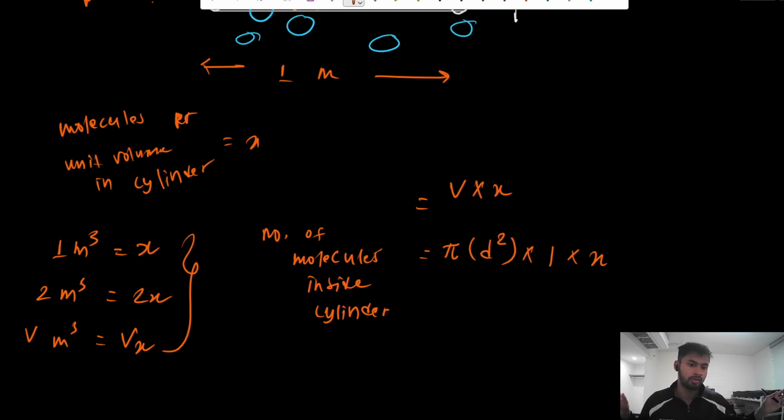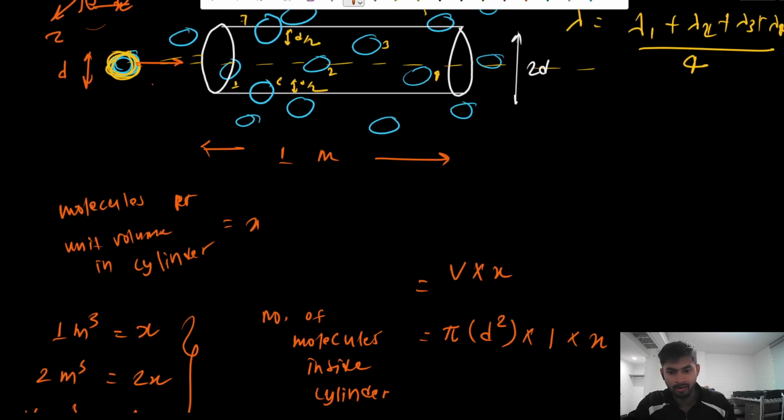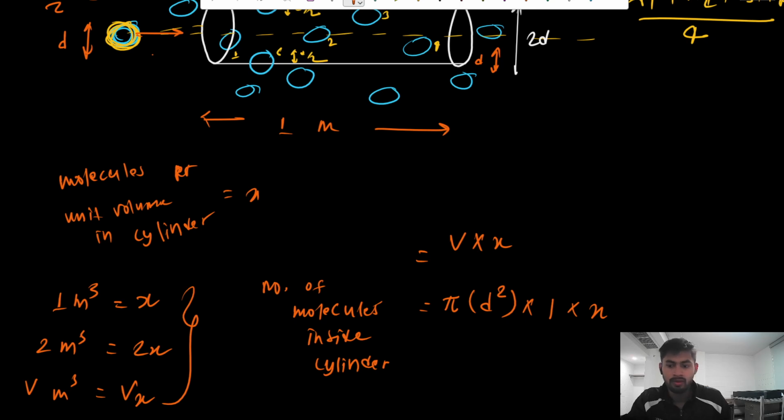If we know that in 1 meter cube volume there are x molecules, in 2 meter cube 2x, then following that logic, if the volume of the cylinder is V, and we have assumed the diameter is 2d, then its radius would be d, right?